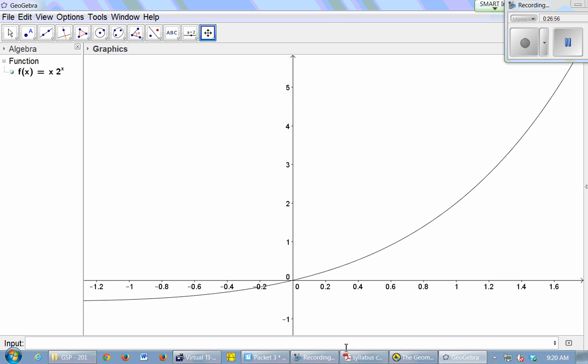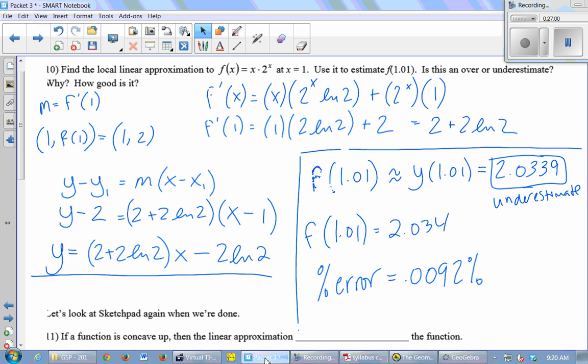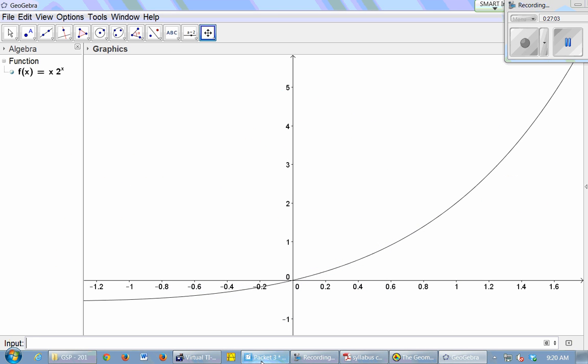All right, that's good. And then the equation of my tangent line was 2 plus 2 ln 2 times x minus 2 ln 2.